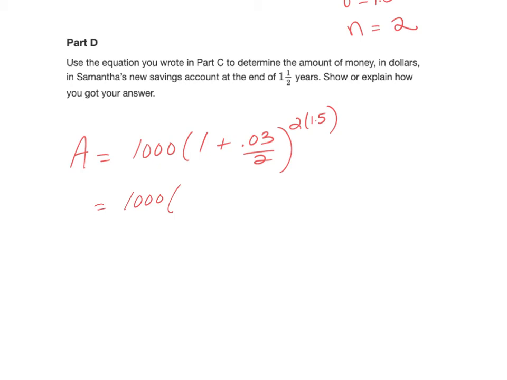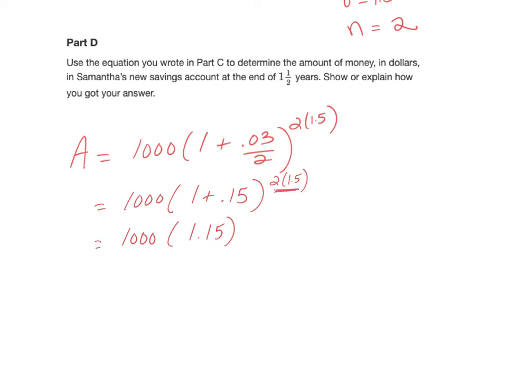So I'm going to do 0.03 divided by 2, and that gives me 0.015. I'm going to bring down my exponent, and then that gives me 1 plus 0.015, so that's going to be 1.015. And then I need to raise it to this power here.